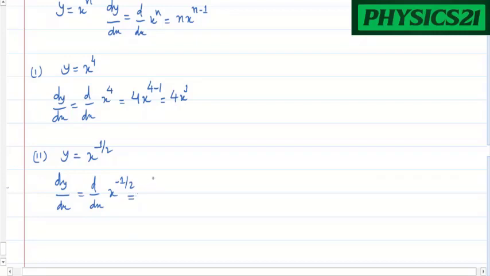Now as we apply the common rule, we get the derivative minus 1 by 2 x raised to minus 1 by 2 minus 1, which is minus 1 by 2 x raised to minus 3 by 2. It can also be written as minus 1 divided by 2x.